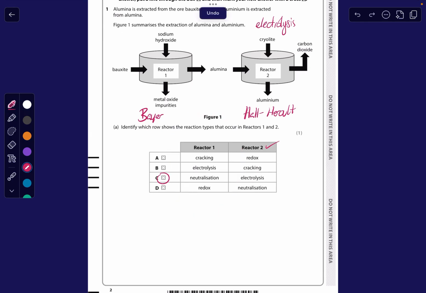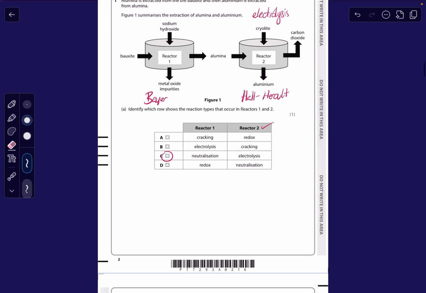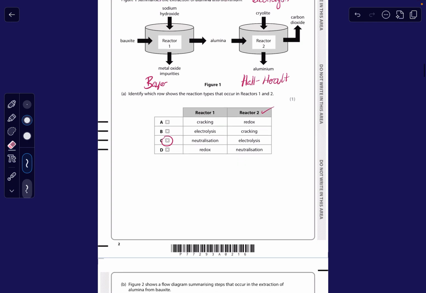Let's have a look at reactor 1 though, because reactor 1 says it's a neutralization, and some of you are probably thinking, why is it a neutralization? Where's that come from? In the Bayer process, what we're doing is we're extracting aluminium oxide, but we're going to use sodium hydroxide as well, and we need to dissolve those. So we've got alumina, which is Al2O3, and we've got a base, which is NaOH.